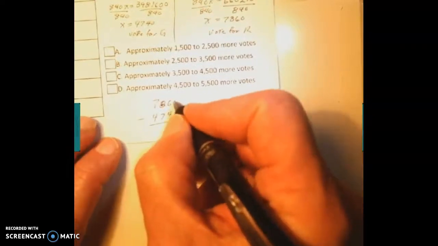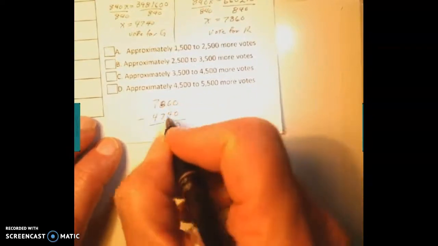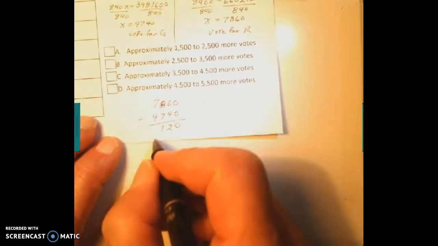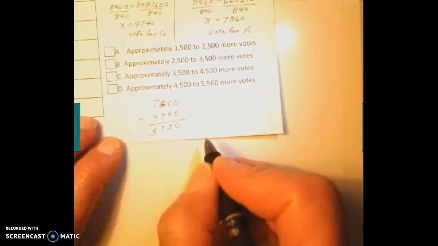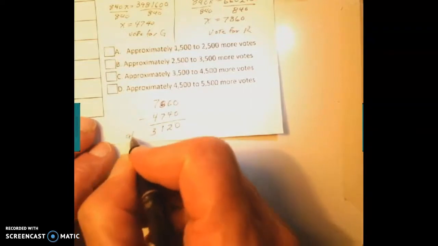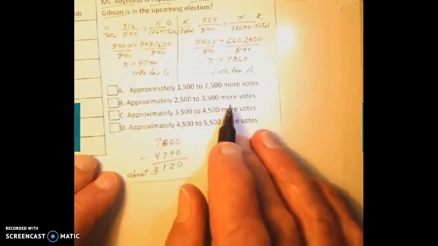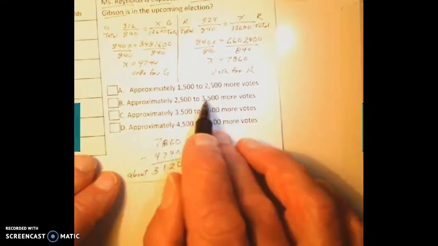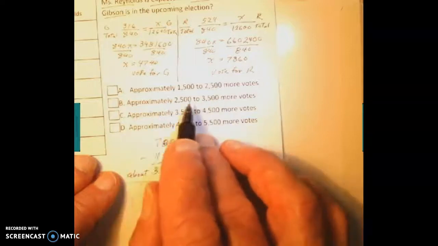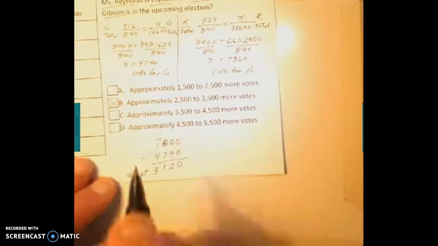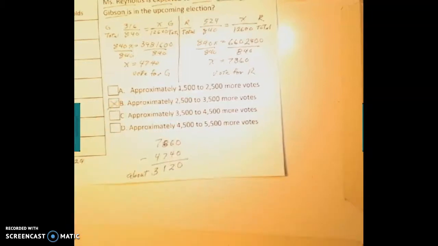I can subtract that in my head. 0 from 0 is 0. 4 from 6 is 2. 7 from 8 is 1. 4 from 7 is 3. So we expect it to be about 3,120. Looking at the possible answers, 3,120 would fall in here between 2,500 and 3,500. The correct answer then would be B.